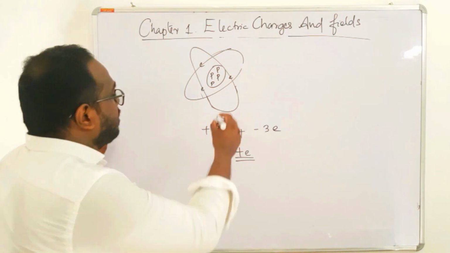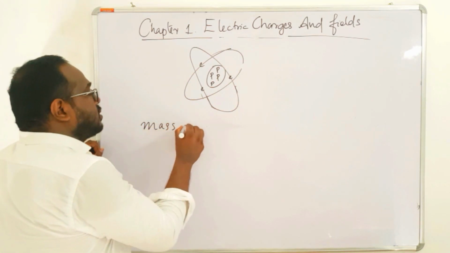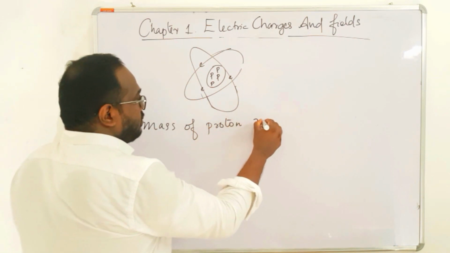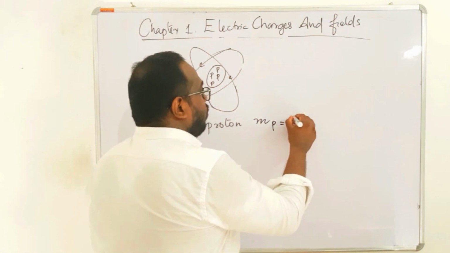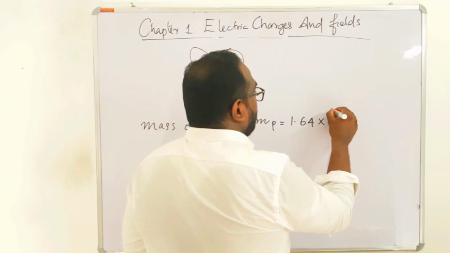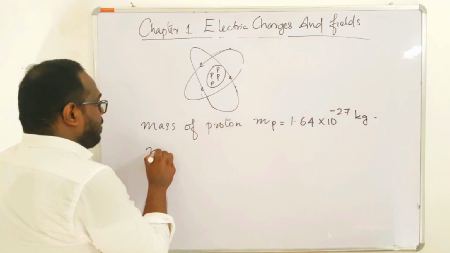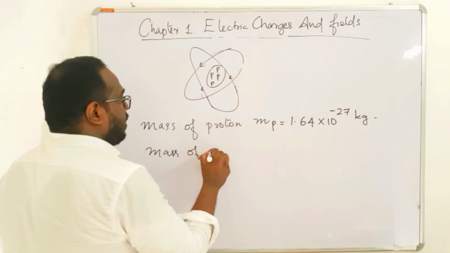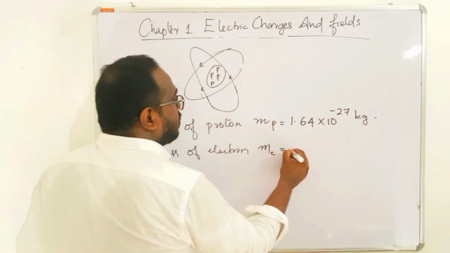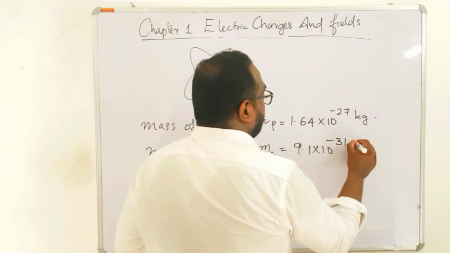There is another reason too. Mass of proton is 1.64 into 10 raised to minus 27 kg. Mass of electron is 9.1 into 10 raised to minus 31 kg.